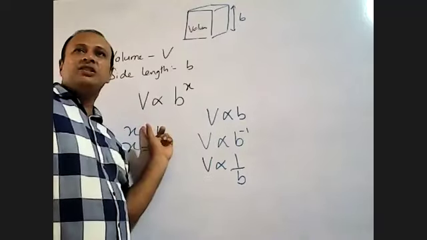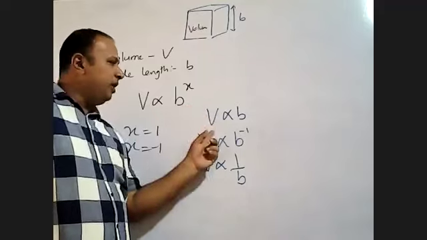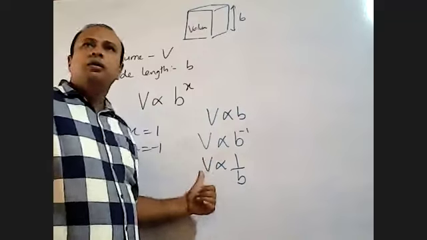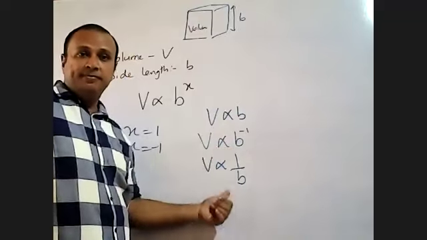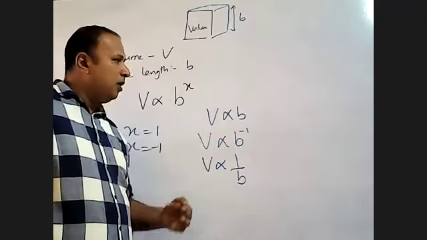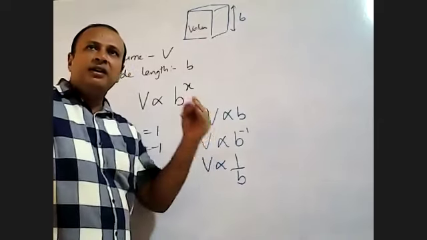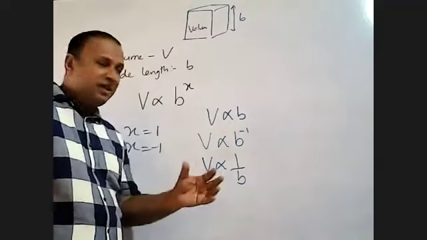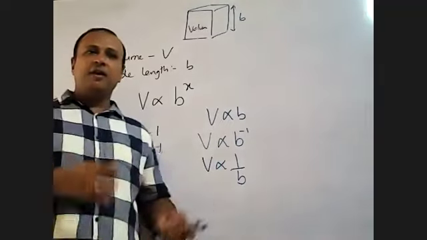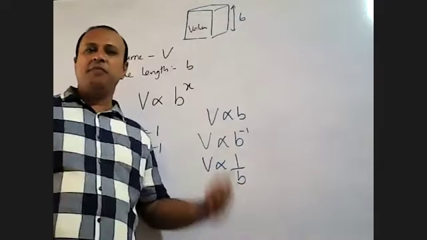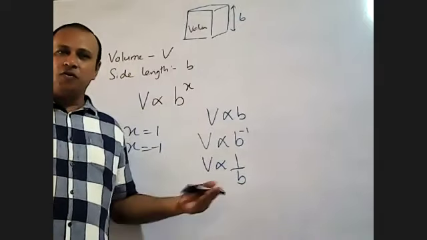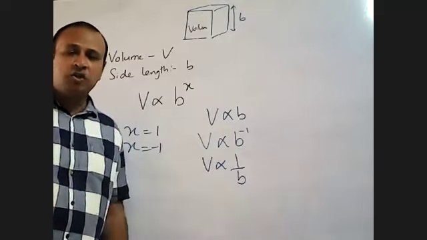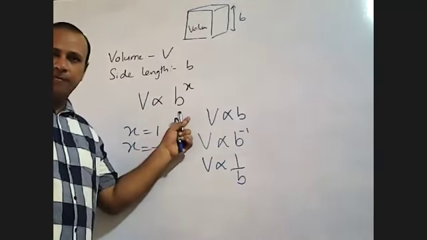If x is 1, V is directly proportional to B. If x is minus 1, V is inversely proportional to B. Therefore, if we can determine the value of x, from that you can determine the relationship between V and B. Otherwise, you don't know what the relationship between V and B is.